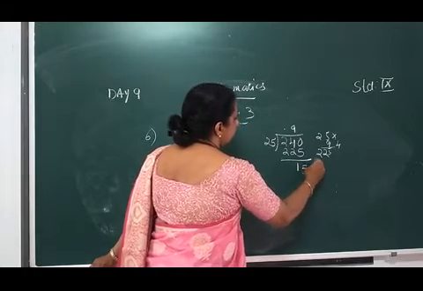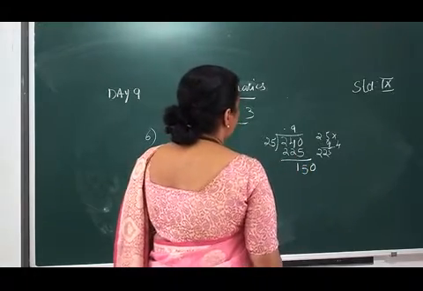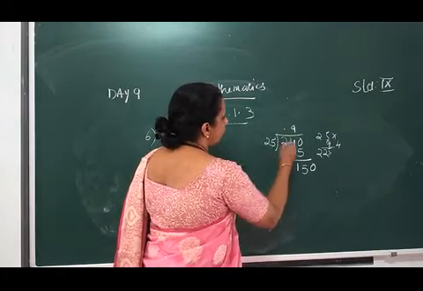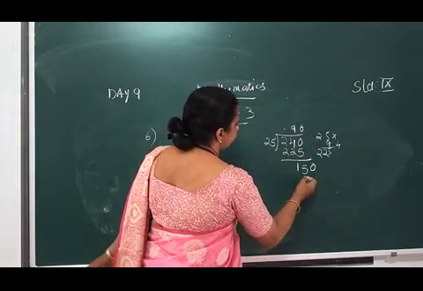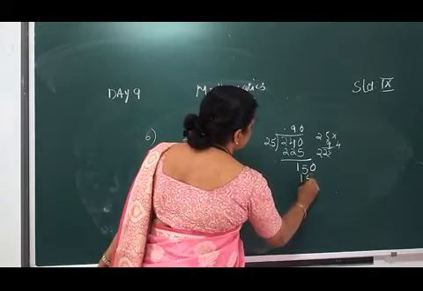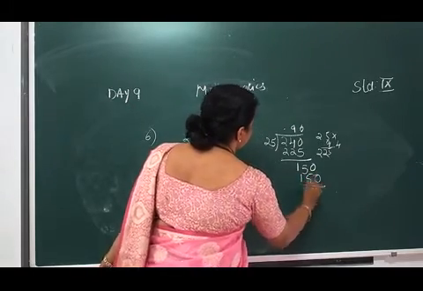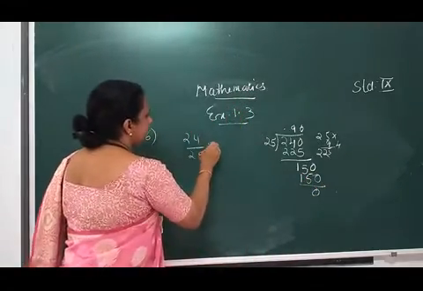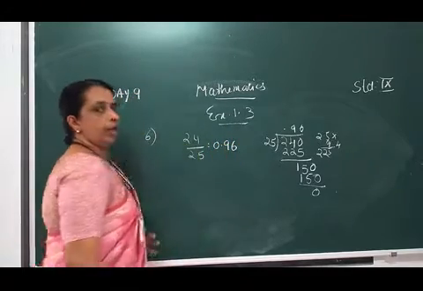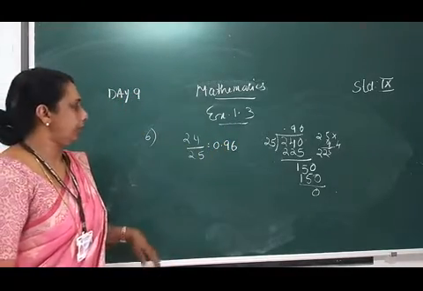Then again put 0. Here 125, 4 times, then 6. So its decimal expansion is 0.96. The decimal expansion is 0.96.